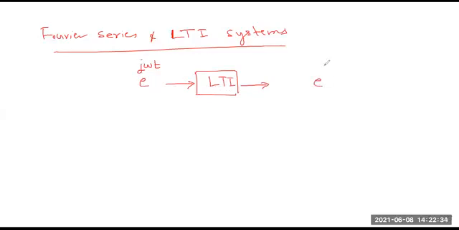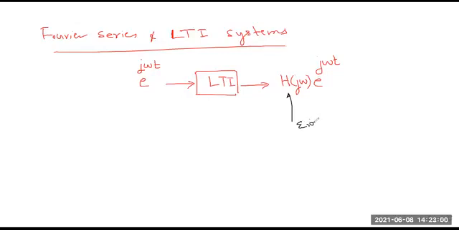It will be the same signal multiplied by a factor, and that factor is known as the eigenvalue from a mathematical point of view, and from the signals and systems perspective, we call it the frequency response. So what is this function?